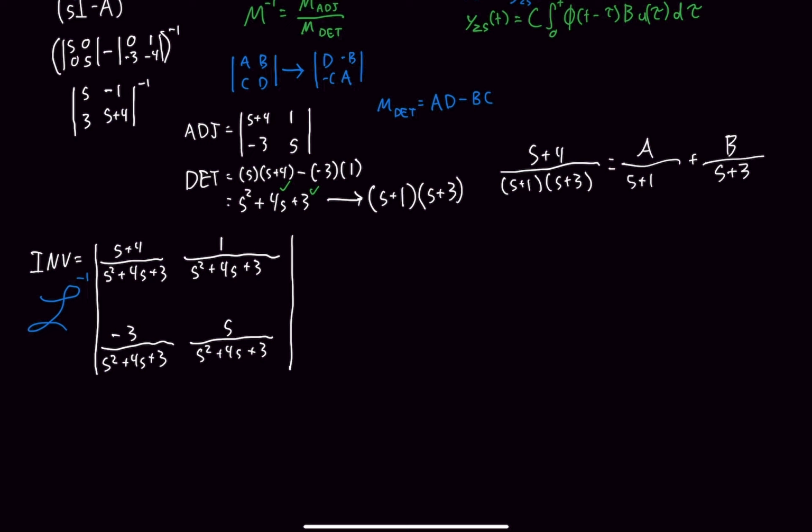I'm going to go ahead and multiply both sides by this denominator, which makes it s plus 4 equals A times s plus 3, plus B times s plus 1.